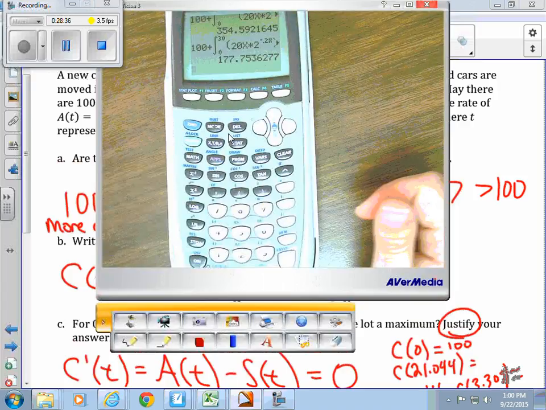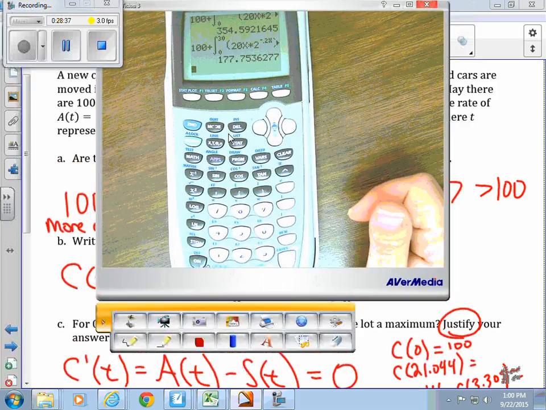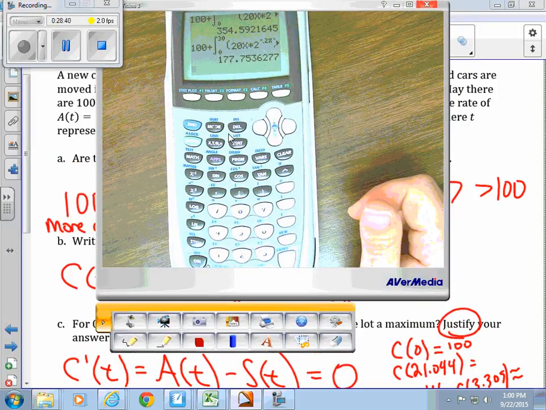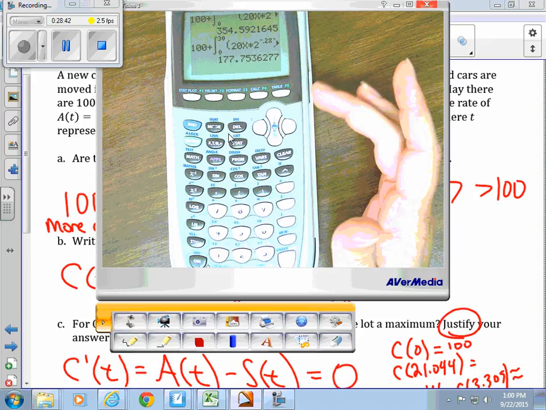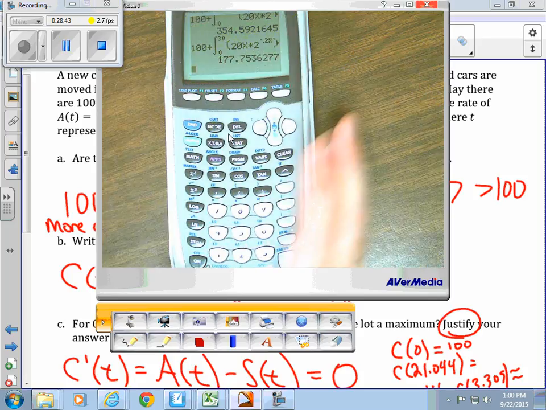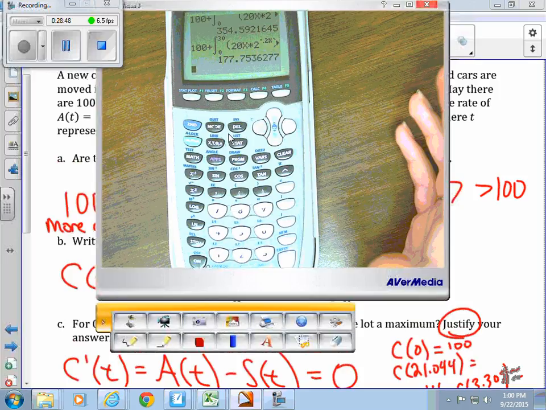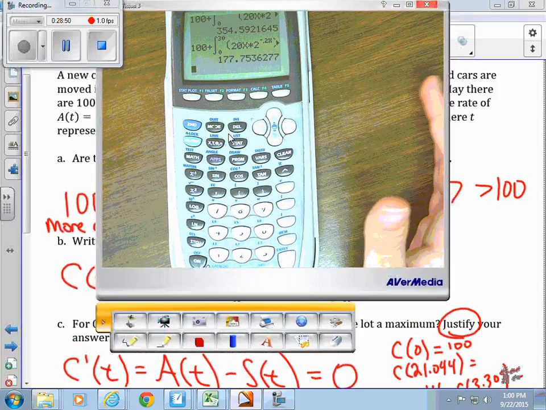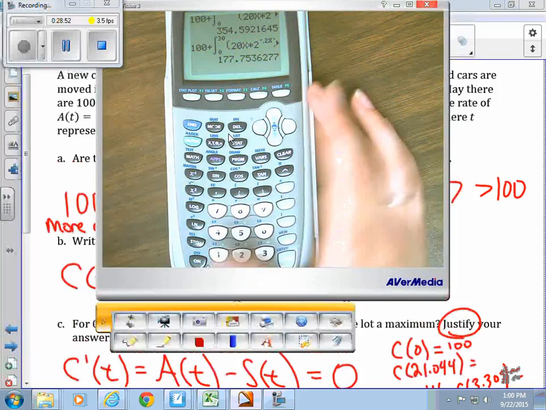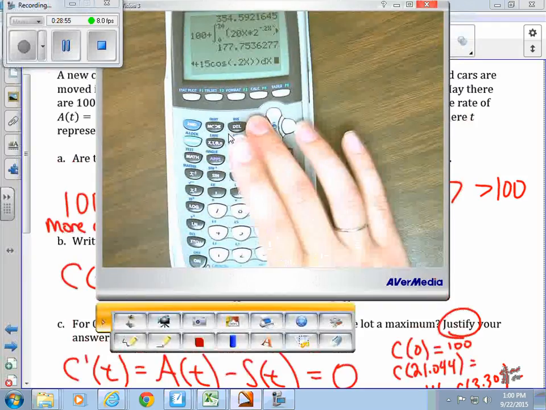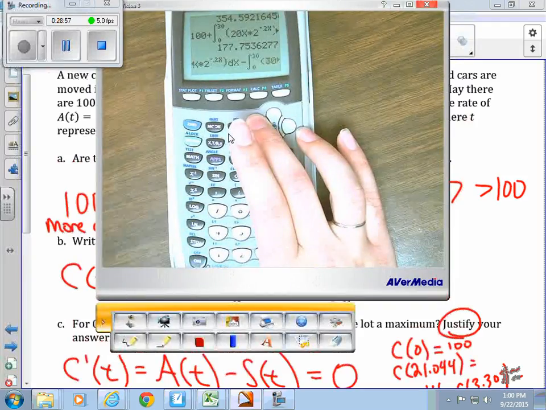And I get 177.753 or 4. And y'all have already decided that the 3.305 was a relative minimum, I think, but if you wanted to, we could type that in and find that value also. 3.305.